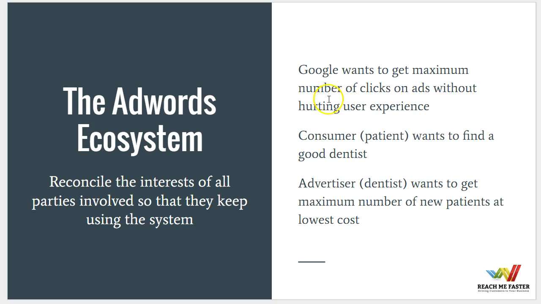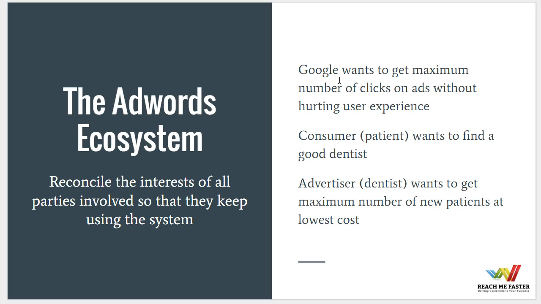So Google is the company, they have the costs to bear to run the whole system. They want to get revenue, so they want to maximize the number of clicks on the ads without hurting user experience, because the user is clicking the ad, so they are generating money for them. And they want the user to keep coming back to Google.